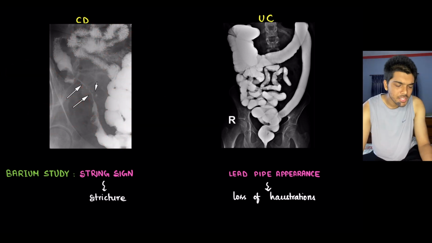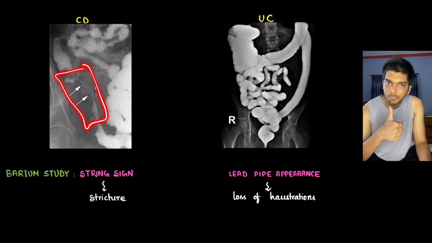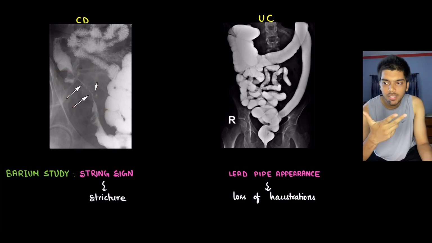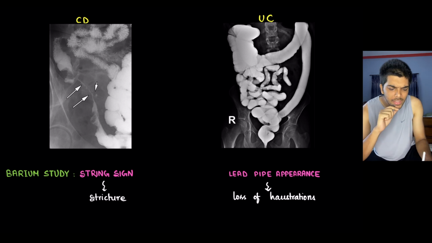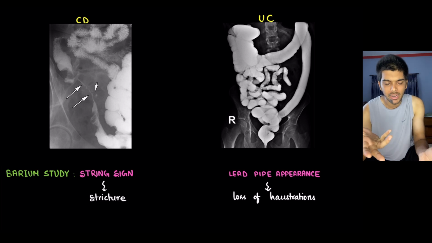Okay. Now use your logic. In Crohn's disease, which part is most commonly affected? Terminal ileum. Second thing, in Crohn's disease, what happens? The wall becomes thin and the lumen becomes narrow. That is, there is stricture, narrow lumen, stricture. So if there is barium study, what is appreciated? Wall or the lumen? Obviously, the lumen is appreciated under X-ray.